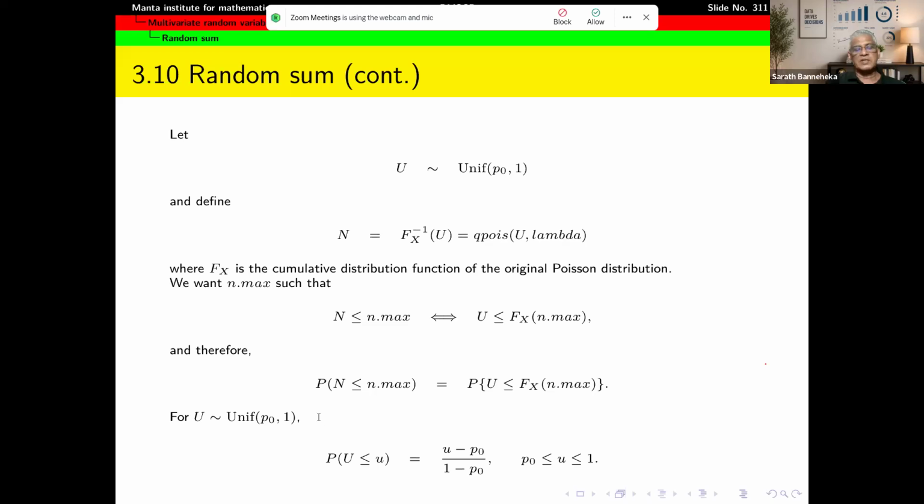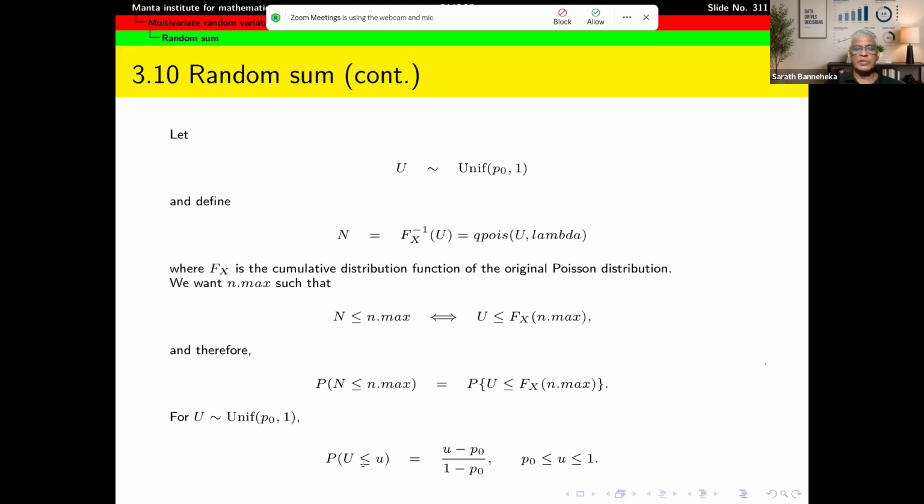Finding n max using the distribution of n is somewhat difficult because it is a truncated Poisson. So I'm going to find n max using the uniform, which is easier. I'm writing this expression in terms of the uniform. This event is equivalent to this event, therefore the probability of this is equal to the probability of this. Now you can find n max using this because u is uniform in this interval from p0 to 1.